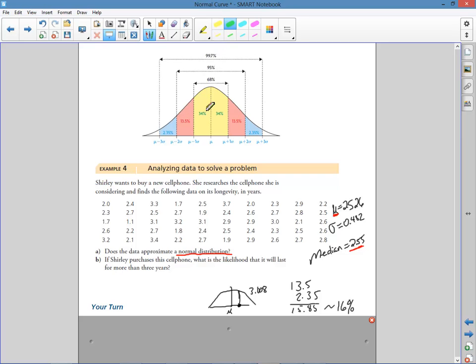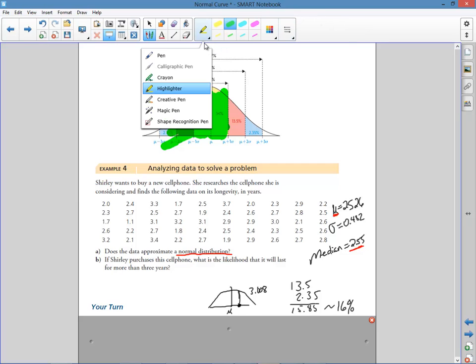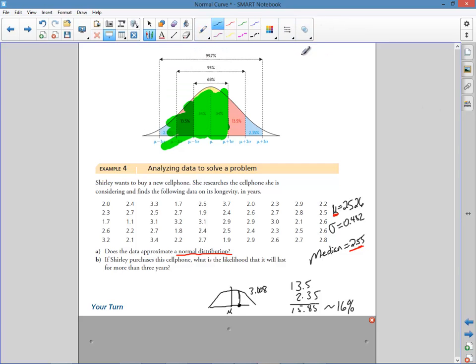We know that half our data is below the mean. So we have 50% of the data tied up here. And then we have 34% tied up in this region. Now, if you think of the graph as a whole, in total, the graph would represent all the data. But if we take away these percentages here, we would have what's remaining.